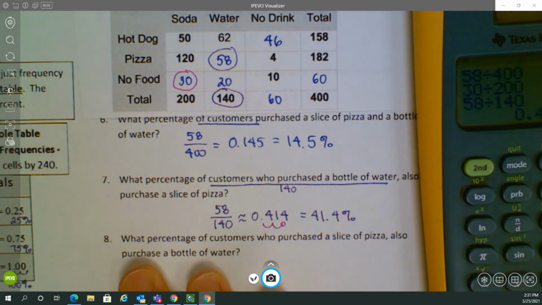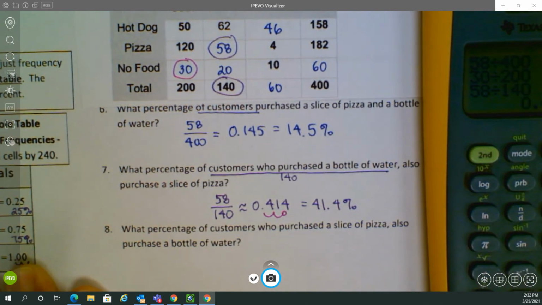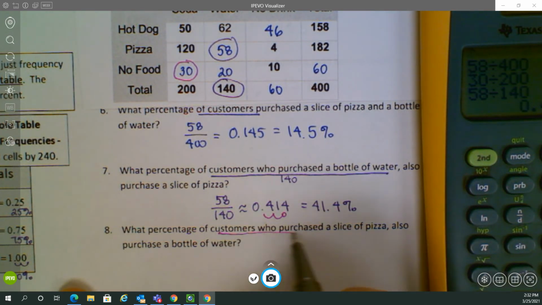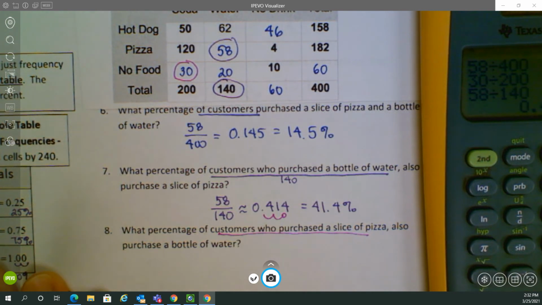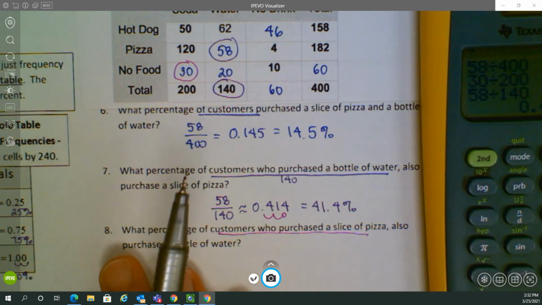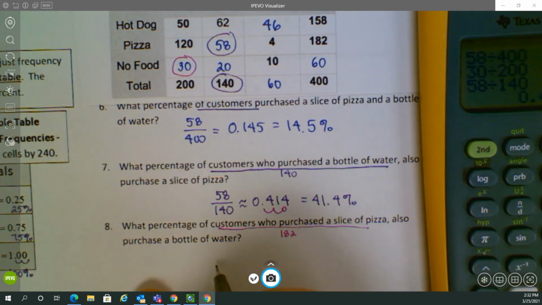Okay, let's look at the next one now. What percentage of customers who purchased a slice of pizza also purchased a bottle of water? All right, we've changed things here. Now it's out of customers who purchased a slice of pizza. How many people purchased a slice of pizza? There it is, 182. So now we're taking this out of 182.